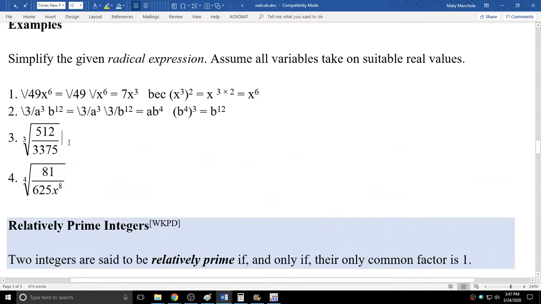Okay, number 3. Notice that here I have the cubic root of a fraction, the cubic root of 512 over 3375.